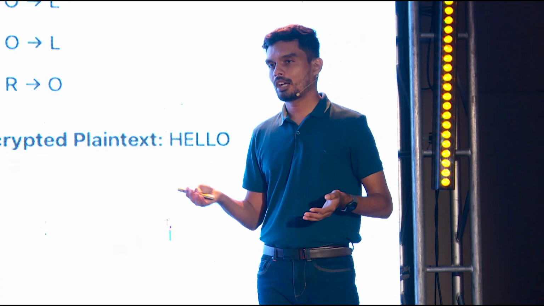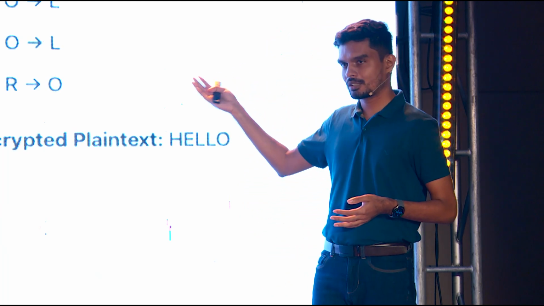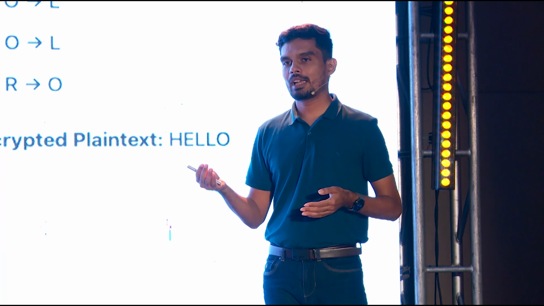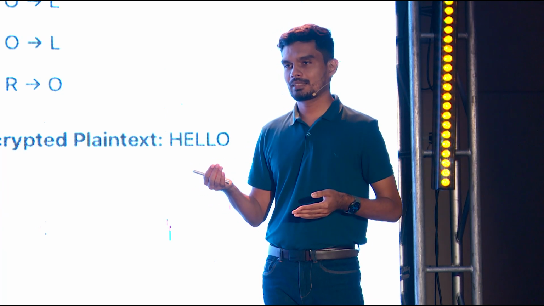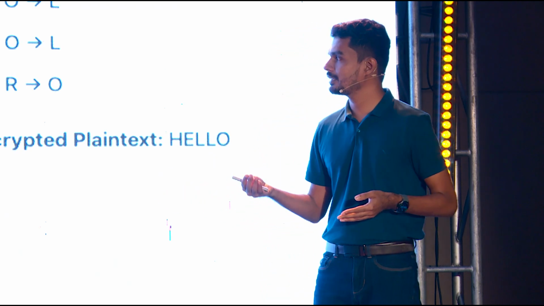So this is a very basic example. The example algorithms shown in the previous slide are far more complex. Of course, this algorithm can be brute forced, because we have only 26 letters, and the shift key can be only 26. So if you try 26 times, it can be brute forced.